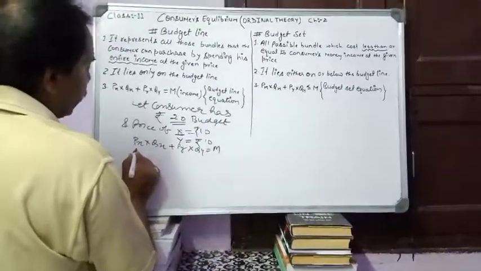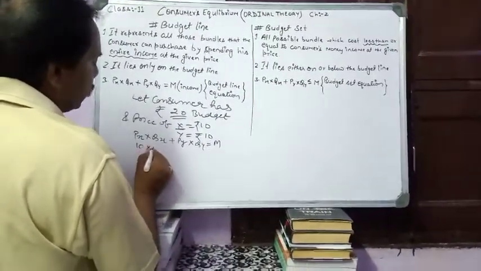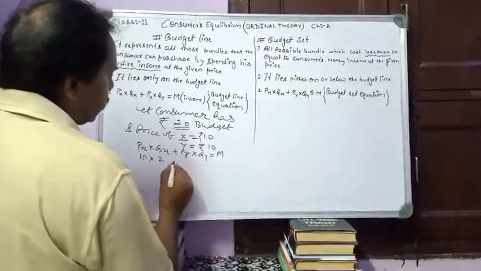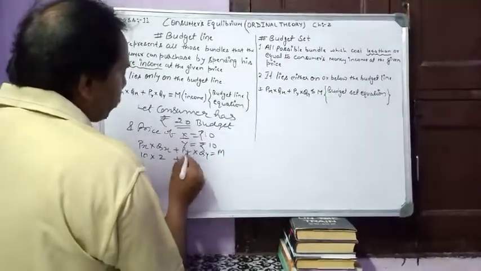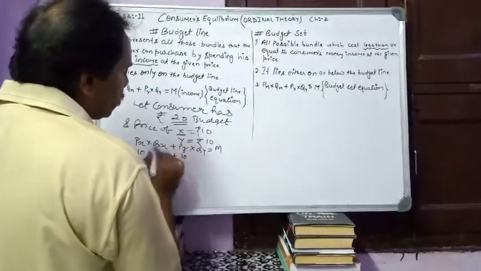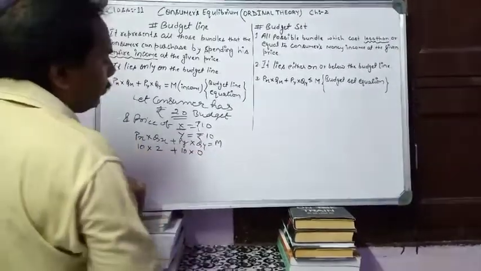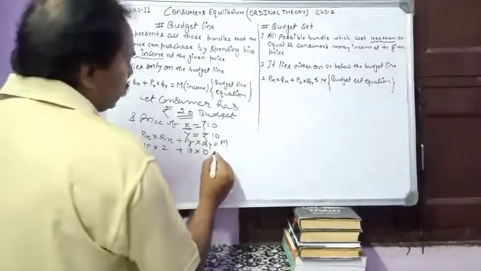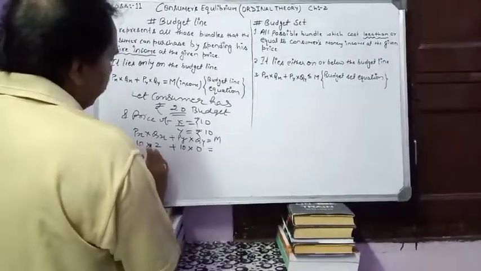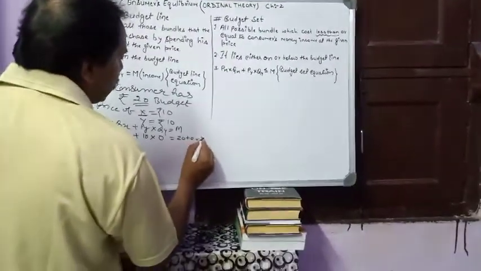If the consumer spends the whole money on X, the price is 10 and he is ready to buy 2 units. The price of Y is also rupees 10, but he has no money left, so he will not take any amount. So 10 into 2, that is 20, plus 0 is equal to 20.